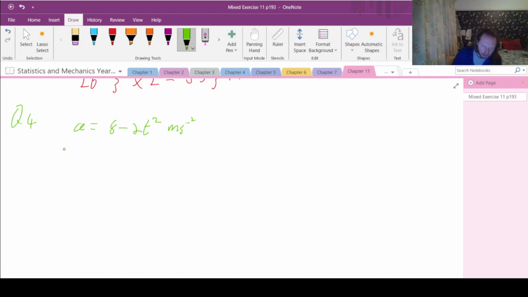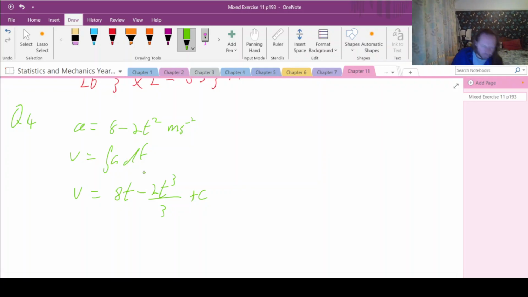So, if we do velocity is equal to the integration of acceleration, then in terms of dt, we can say the velocity is equal to 8t minus 2t cubed over 3 plus c. We were told we had a velocity of 0 at time 0.